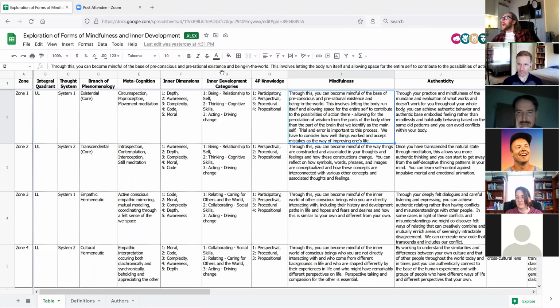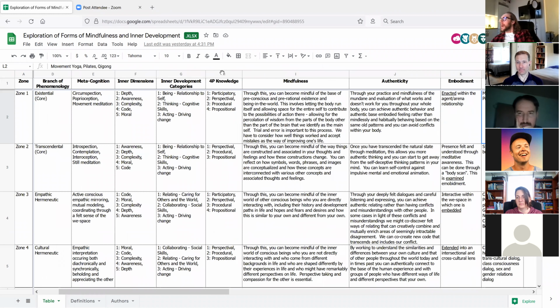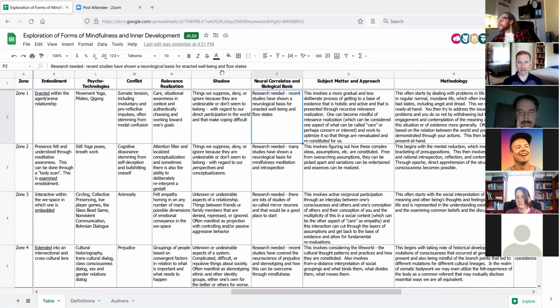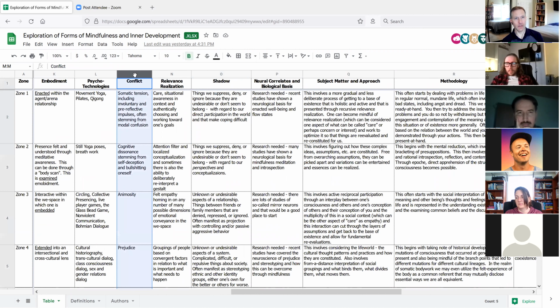Something that caught my eye is that you have a row called shadow, very close to a row called conflict. I don't know if you could say a little bit about that. Yes. This is something that came about from one of the collaborators.